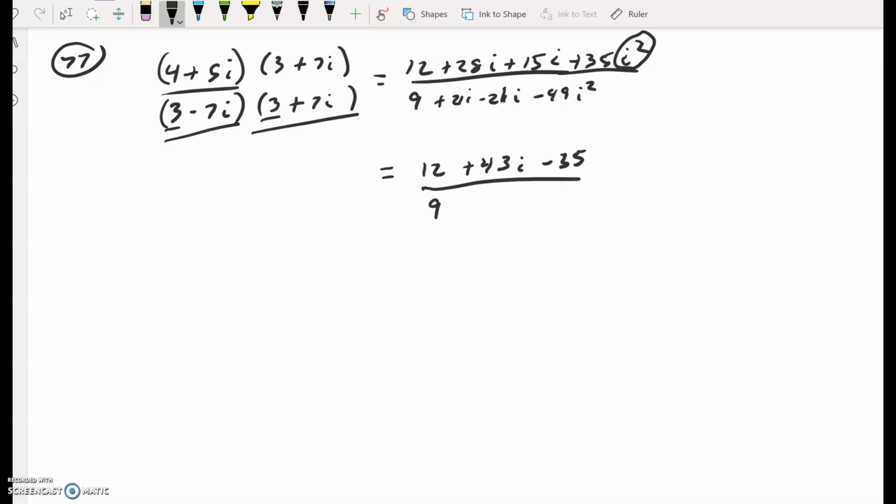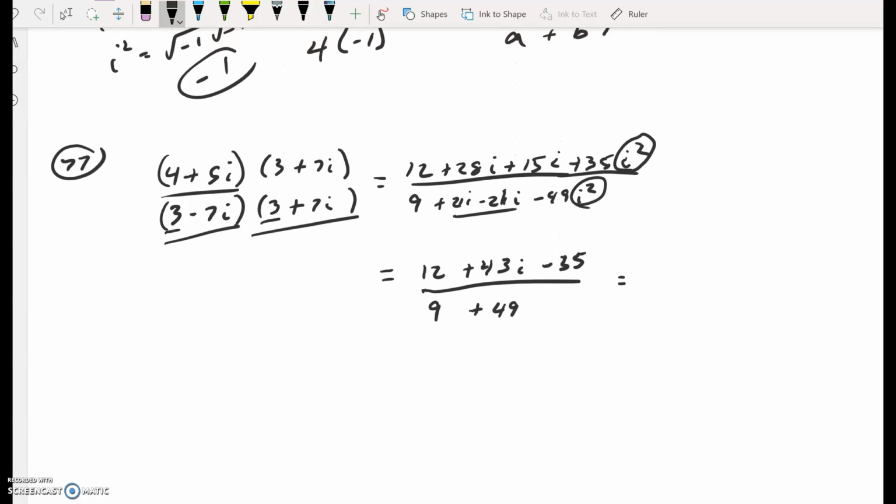On the bottom we have a 9 plus a 49, because negative 49 times negative 1 is plus 49, and those i's cancel. And so on the top we have a negative 23.